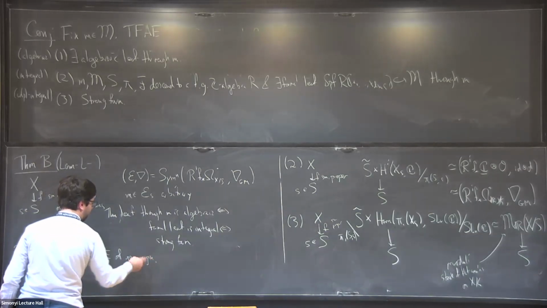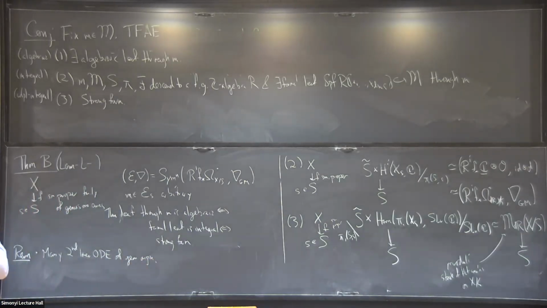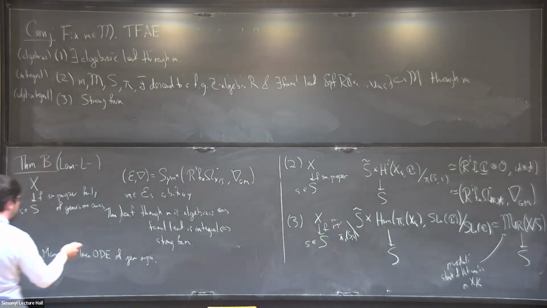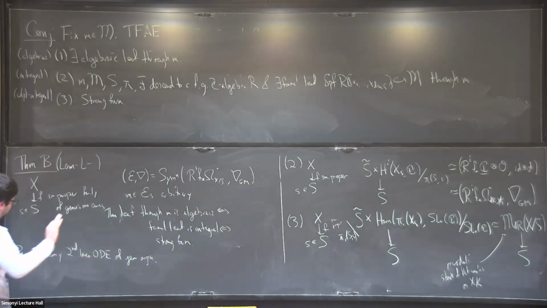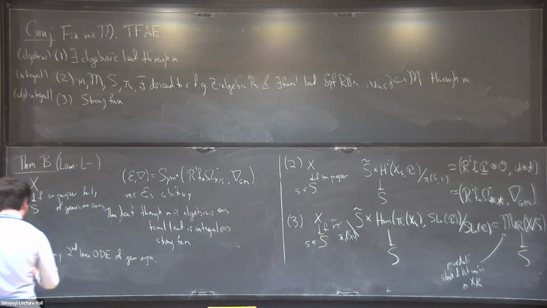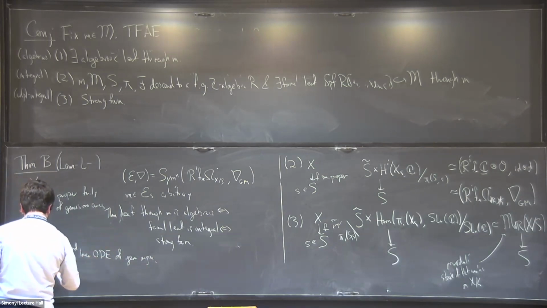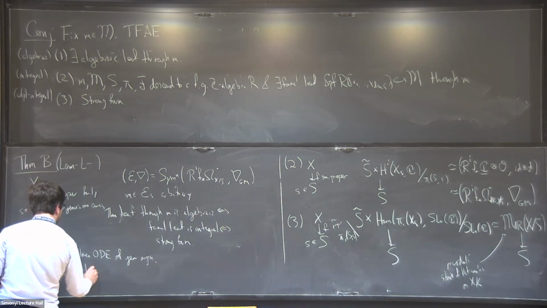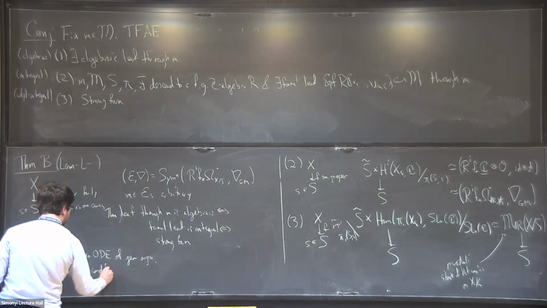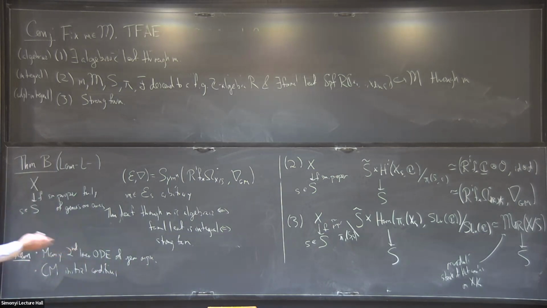We don't quite know how to do arbitrary second order linear ODE of geometric origin, but I can tell you the things pulled back from Hilbert modular varieties we can basically handle. We can also handle things with some reasonable notion of CM initial conditions. So for example, if you have a family of abelian varieties, you look at their first cohomology and take the Taylor expansion at a point where your family of abelian varieties is a CM point, it's okay. And a few other cases, but I want to talk about nonlinear ODE now.